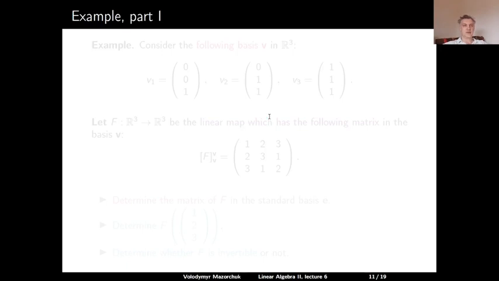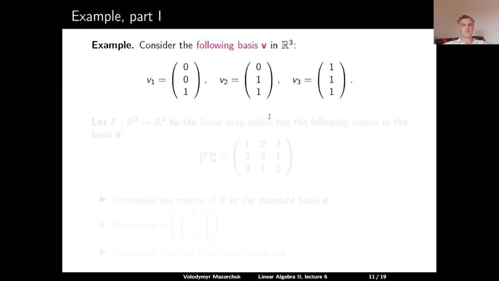Okay, let us now do some examples. Consider the following basis bold V in R3. The vector v1 is (0, 0, 1), the vector v2 is (0, 1, 1), and the vector v3 is (1, 1, 1). It is not very difficult to check that this is indeed a basis in R3.